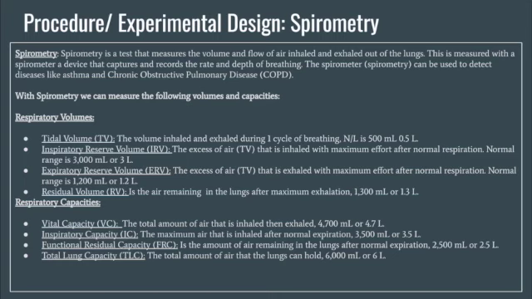Functional residual capacity, FRC, is the amount of air remaining in the lungs after normal expiration, 2,500 milliliters or 2.5 liters. The total lung capacity, or TLC, is the total amount of air that the lungs can hold, 6,000 milliliters or 6 liters.